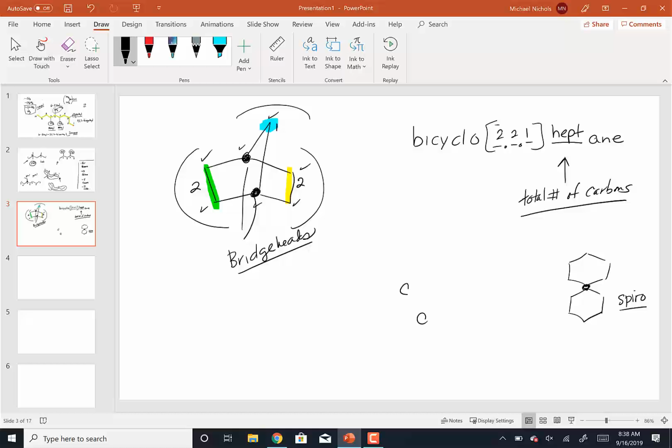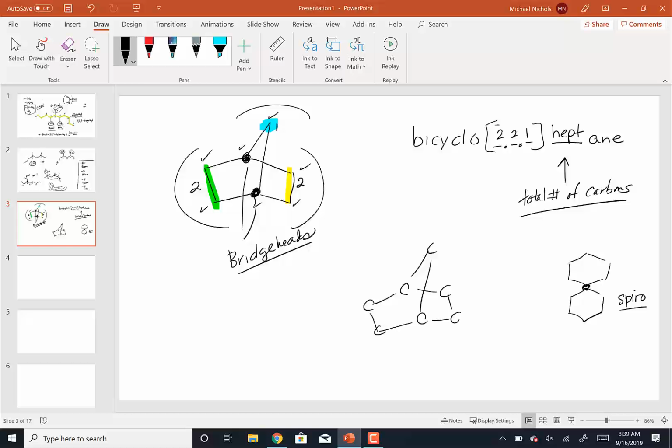And then off of those, what do I have? I've got a 2-carbon chain. Over here, I've got a 2-carbon chain. And then I've got a 1-carbon. There's the propellers. I've got a 2-carbon propeller, a 1-carbon propeller, and another 2-carbon propeller. So I would be able to write my structure.